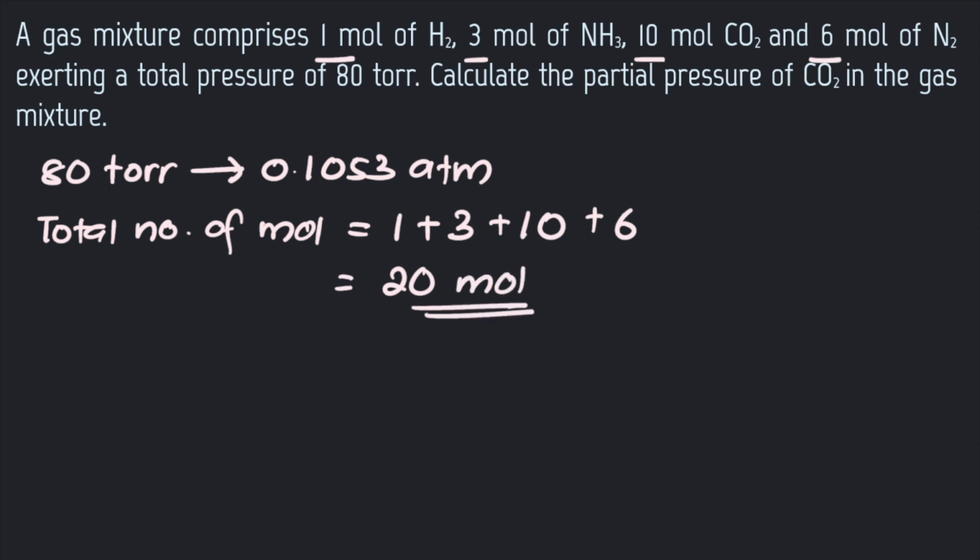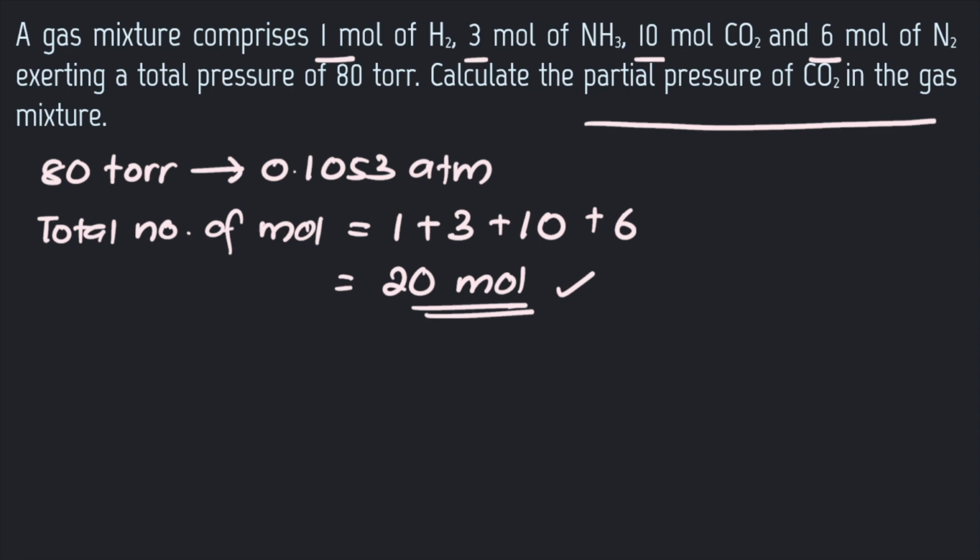Right, so now because we were asked to calculate the partial pressure of carbon dioxide, we are going to look into carbon dioxide only. Because we know the total number of moles, we can calculate the mole fraction.